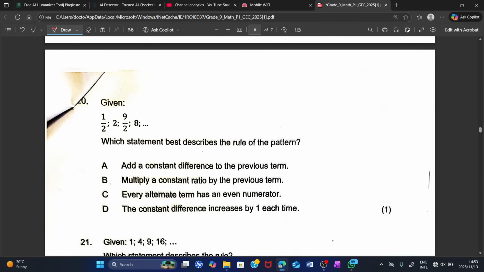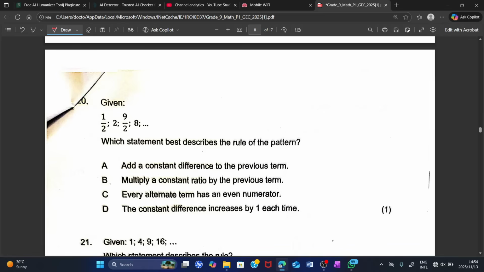Question 20. Which statement best describes the rule of the pattern? Now, if you have this, if you multiply by 4, you get this. If you multiply here by, okay, so what do you think? Let's try to check something here on this one. 1 over 2, 9, and then that other one is giving us 9 over 2 and 8.